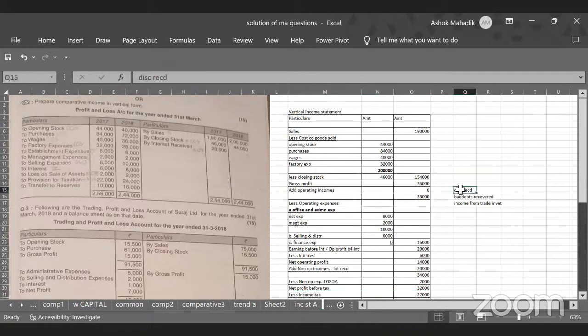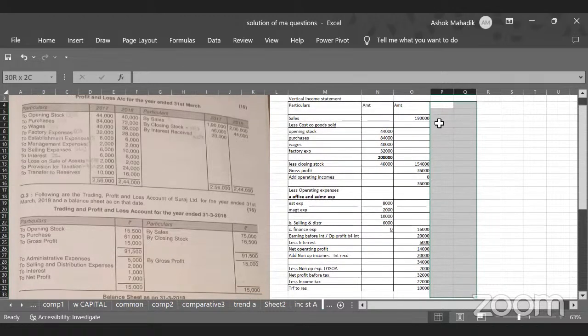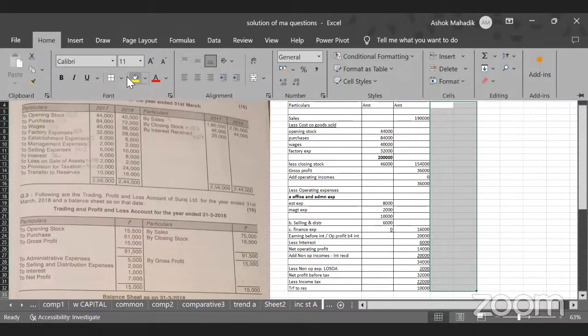Now from this we can make a common size statement also. Should I show you common size for this? Okay, we just need two more percentage columns here. Since we have two amount columns, we need two percentage columns. I'll show you this in 2 minutes. I'll draw 2 more columns right here, percentage.